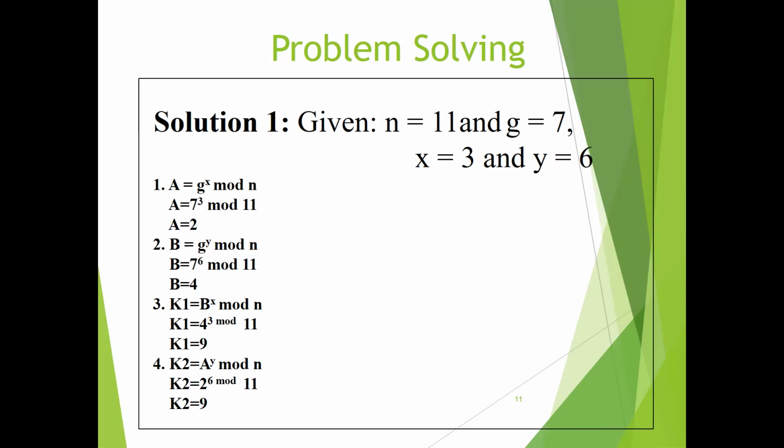From this example, you have seen that instead of directly sending the key value 9 over the internet, Alice and Bob are sending some integer values over the insecure internet, like 3 and 6, and then these values are being used to calculate our actual secret key value. So this is how the problem of directly transferring the secret key over the internet in the case of symmetric algorithms is solved. So this completes our Diffie-Hellman key exchange.